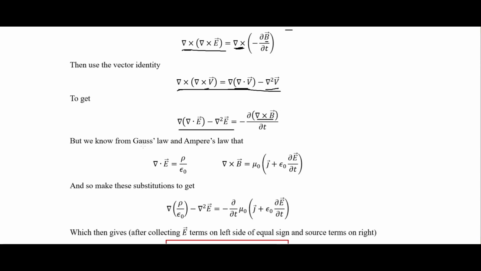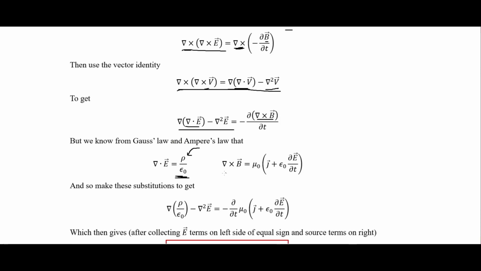But we also know from Gauss's law and Ampere's law that this divergence of the electric field is equal to rho over epsilon naught, where rho is the density of charge in a region.